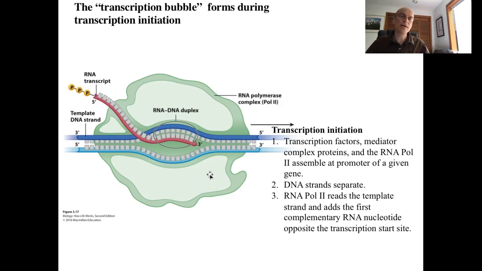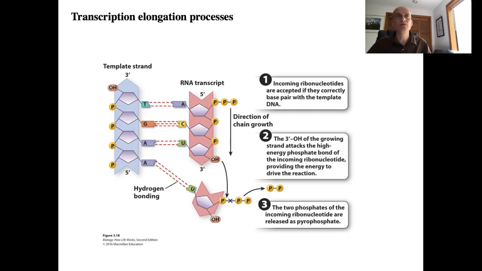So once the RNA polymerase is in full swing, it just keeps chugging along the DNA and it keeps adding stuff. And as it's doing that, it elongates the RNA. And so that's called the elongation process, transcriptional elongation. During that process, incoming ribonucleotides are accepted if they are correctly base pairing with a template.